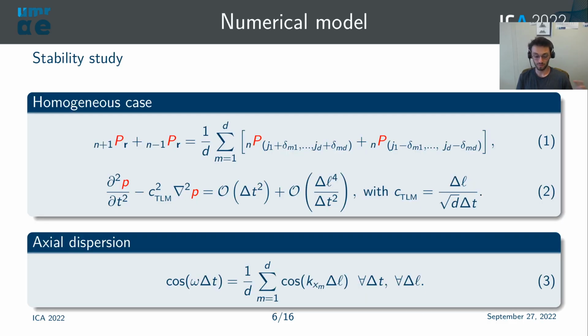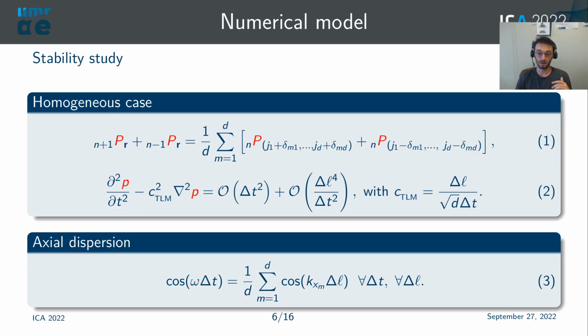Starting from this core, we can also go to a more classical pressure scheme, which is really similar to FDTD. From this pressure scheme, we can link this method to the wave equation.